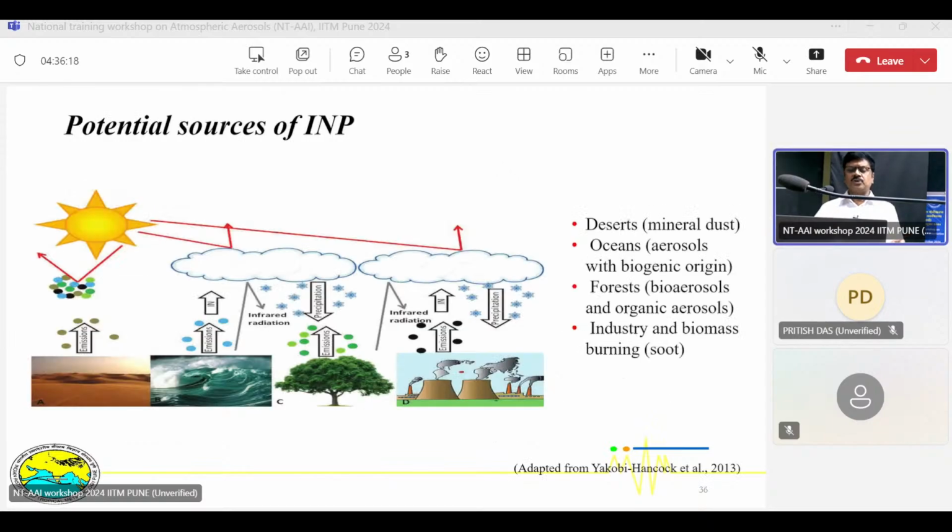The potential sources of ice nucleating particles are mineral dust emitted from deserts, aerosols of biogenic origin from ocean surfaces, bioaerosols and organic aerosols from forests, and soot particles emitted from industry and biomass burning.